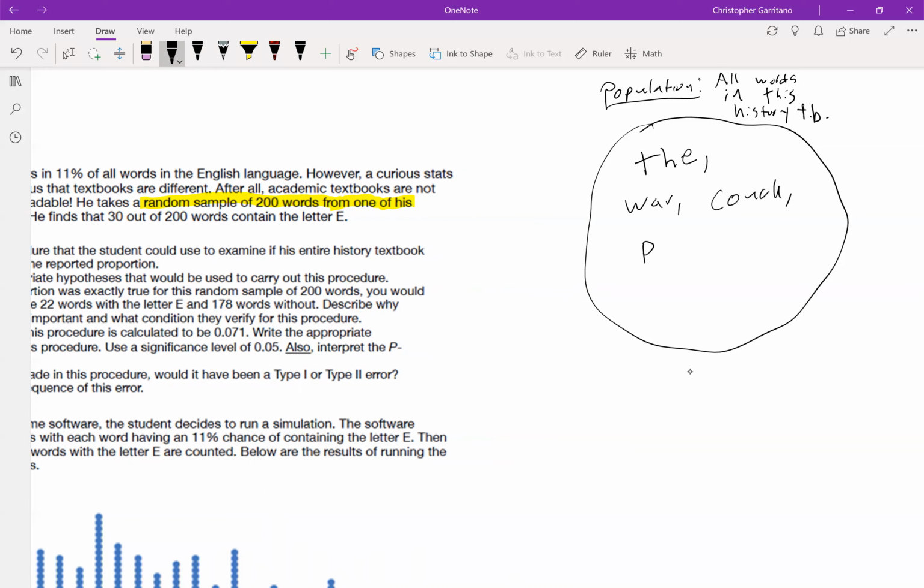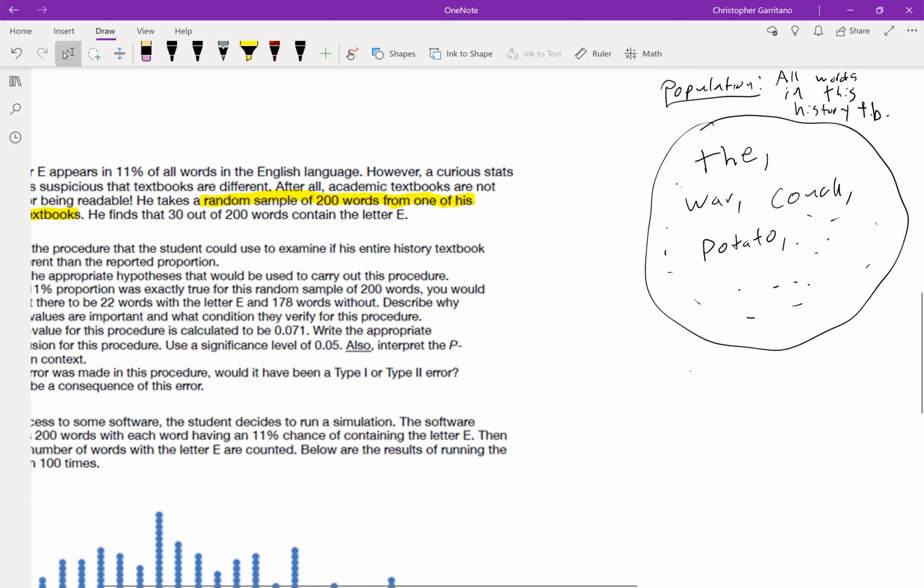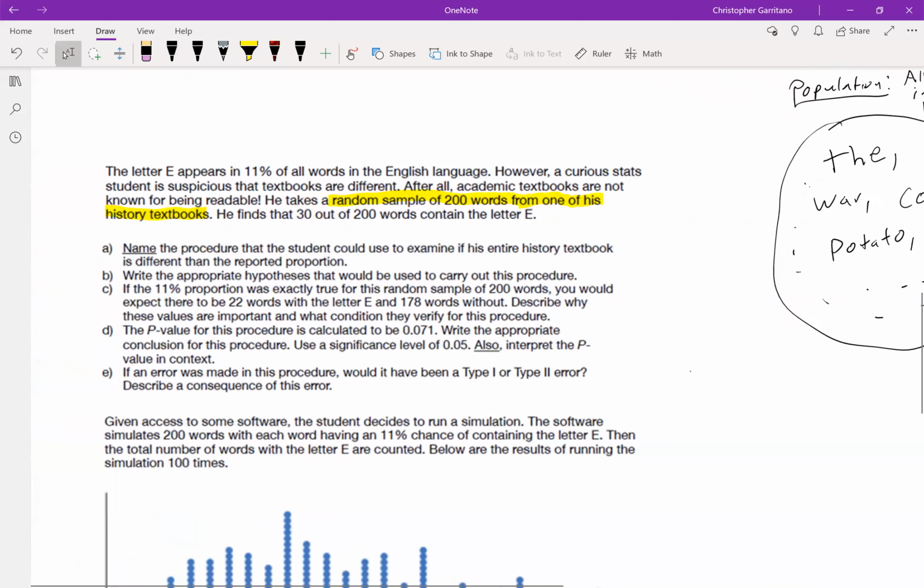Or the word "potato," "famine," and so on and so forth. So a whole bunch of words live within this textbook, and we're trying to analyze these words within this textbook.